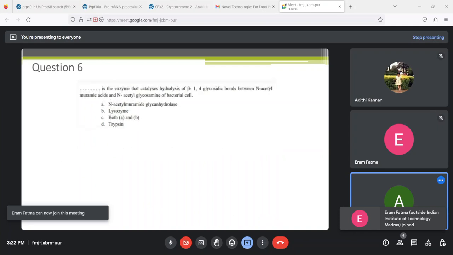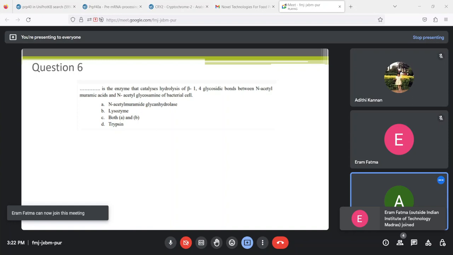Moving to question 6. Dash is the enzyme that catalyzes the hydrolysis of beta 1 to 4 glycosidic bonds between N-acetylmuramic acid, which is NAM, and N-acetylglucosamine, which is NAG of the bacterial cell. So you have A, N-acetylmuramide glycanhydrolase, which is one of the enzymes, B, lysozyme, C, both A and B, and D is trypsin.